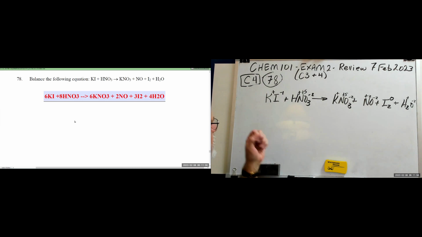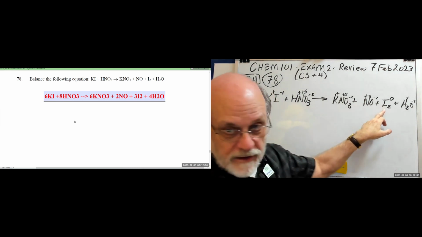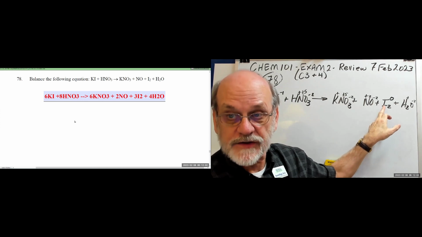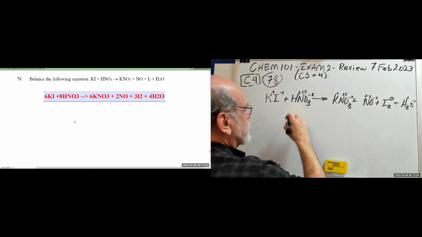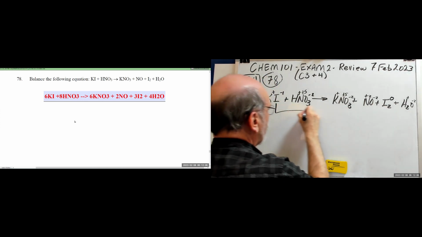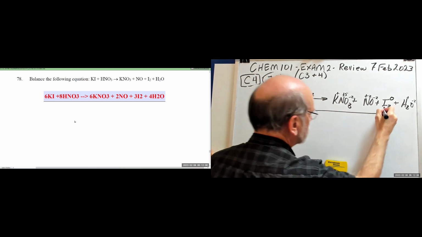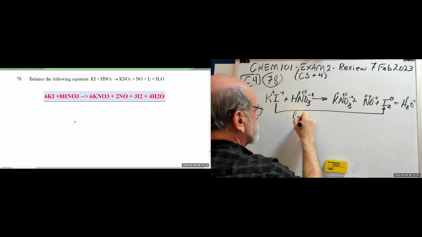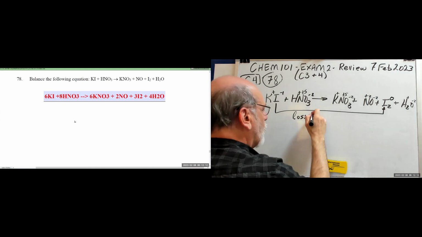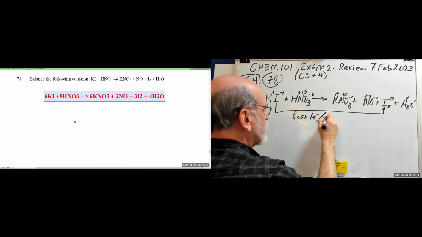So now we can say the iodine loses an electron. It is oxidized. So this iodine, loss of 1 electron per iodine.